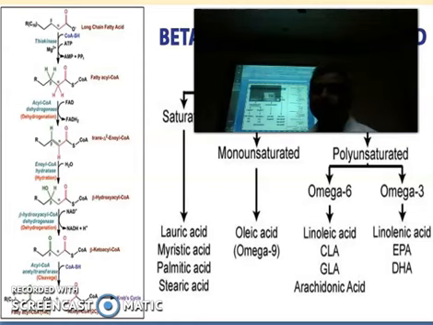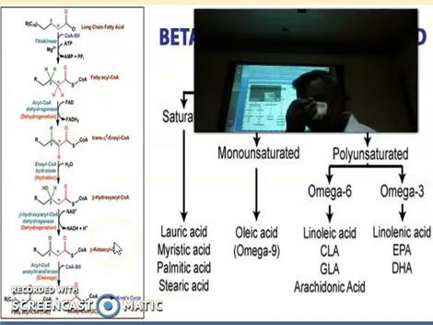Then saturated fatty acids, you have to remember lauric, myristic, palmitic, and stearic. Here is the pathway where you will find long chain fatty acids converting into the Krebs cycle, and what phases are found in the beta oxidation of fatty acids.